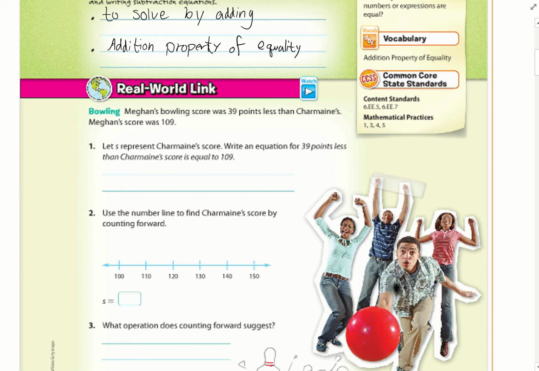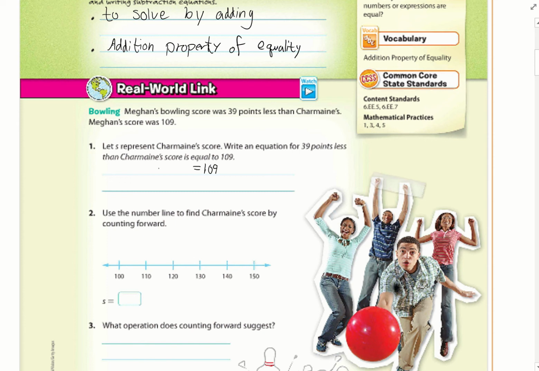Real world link. It says Megan's bowling score was 39 points less than Charmaine's. Megan's score was 109. Let S represent Charmaine's score. Write an equation for: 39 points less than Charmaine's score is equal to 109. Well, obviously we know it is equal to 109.